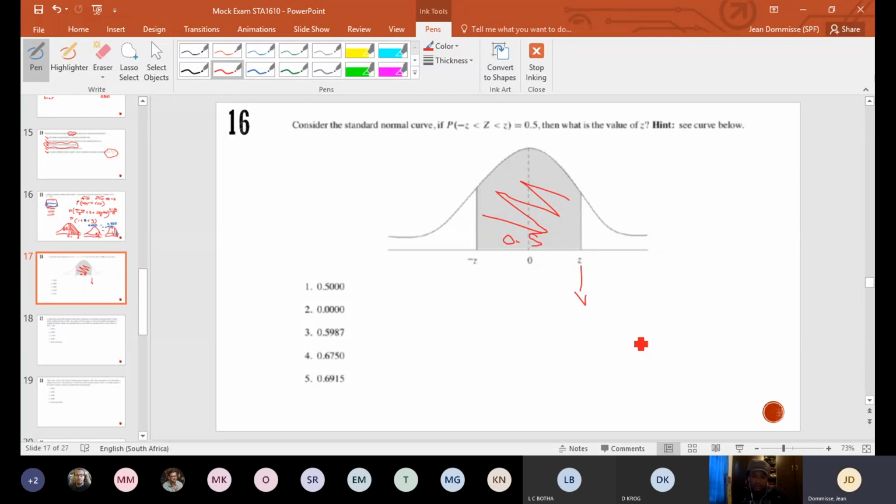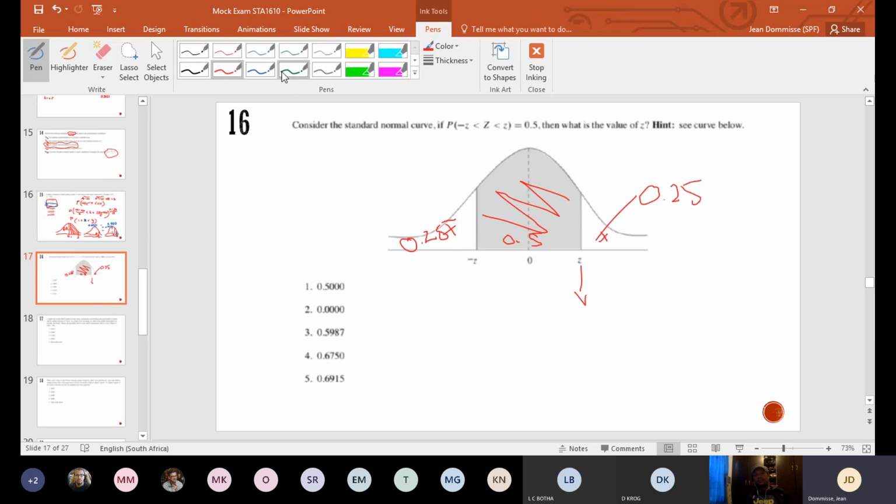So let's quickly, if that area is 0.5, what is that and that area? 0.25 and 0.25, also 0.5. So that area will be 0.25 and that area will be 0.25.